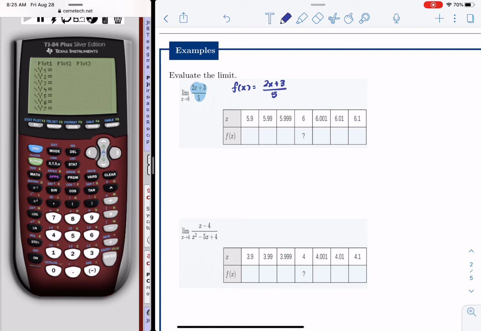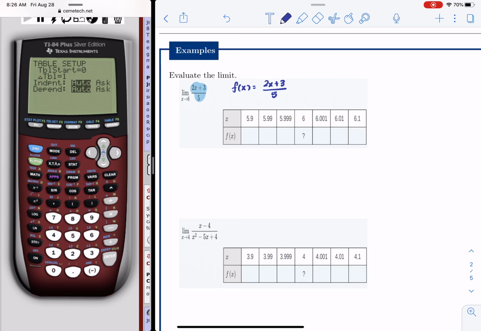So the first step is to go to the calculator and type in 2x plus 3 divided by 5. Then you exit by pressing second mode and press second window. It says table set, which means table setup.